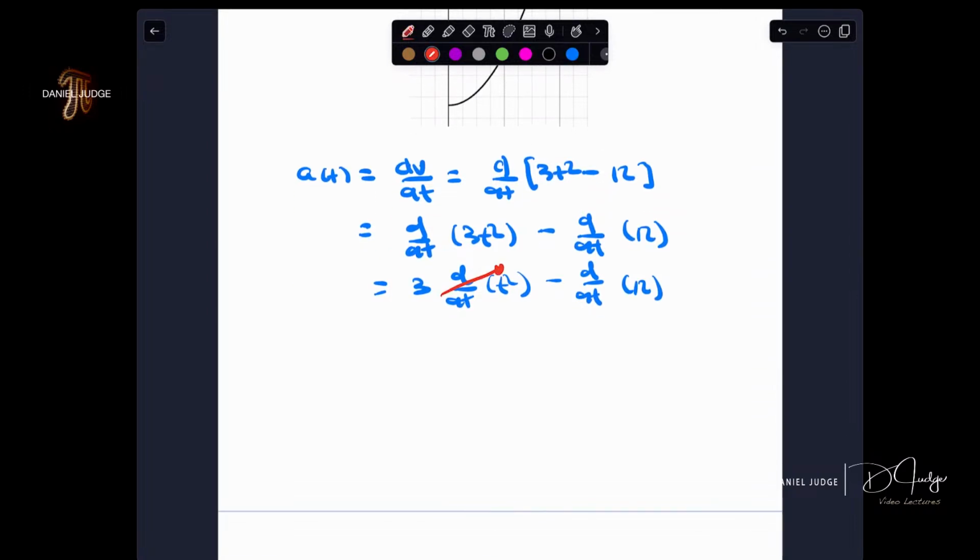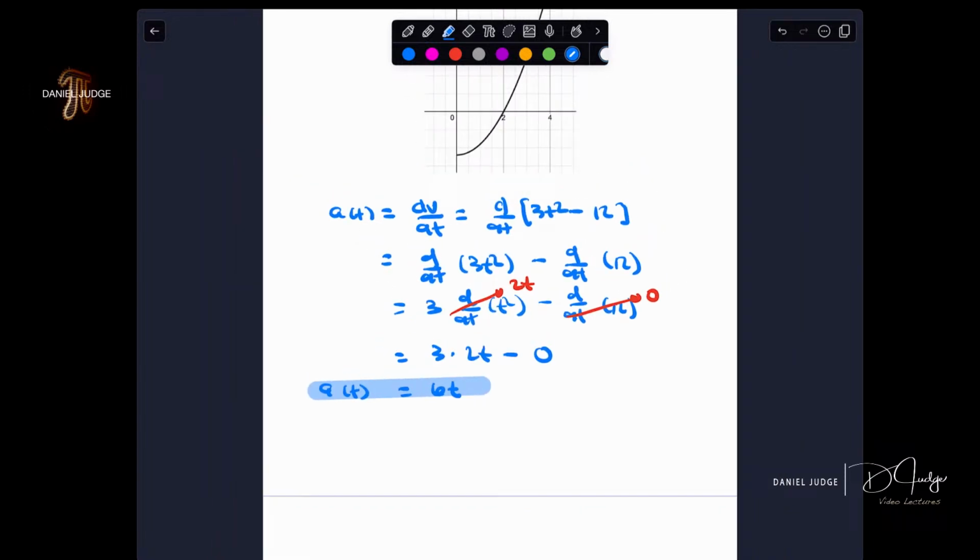The derivative of t squared is 2t, and the derivative of 12 is 0. So I end up with 3 times 2t minus 0, or just 6t. So here is our acceleration function.